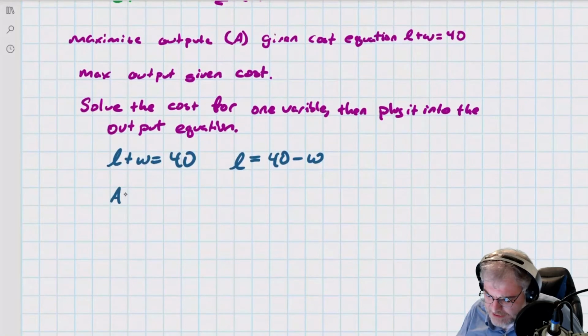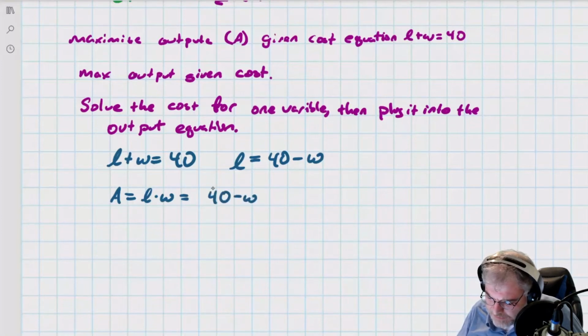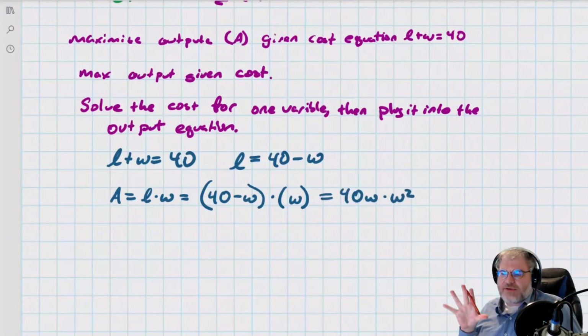So I've got A equals L times W equals, and now I'm just going to sub in here for L. So I've got 40 minus W times W. Okay. Which equals 40W minus W squared. 1 to 5, how do we feel about that?